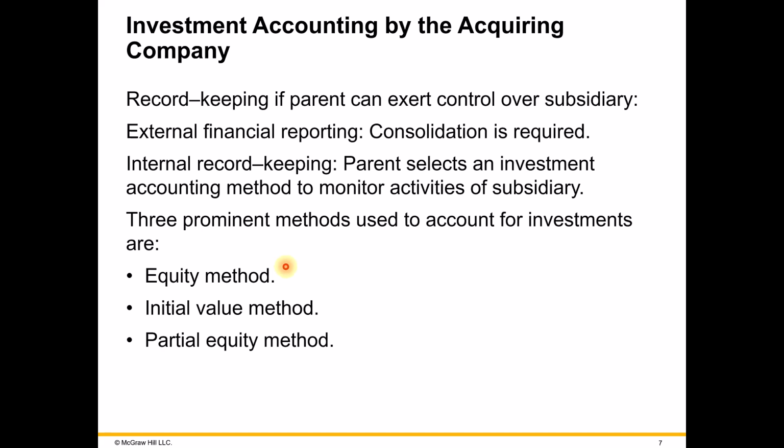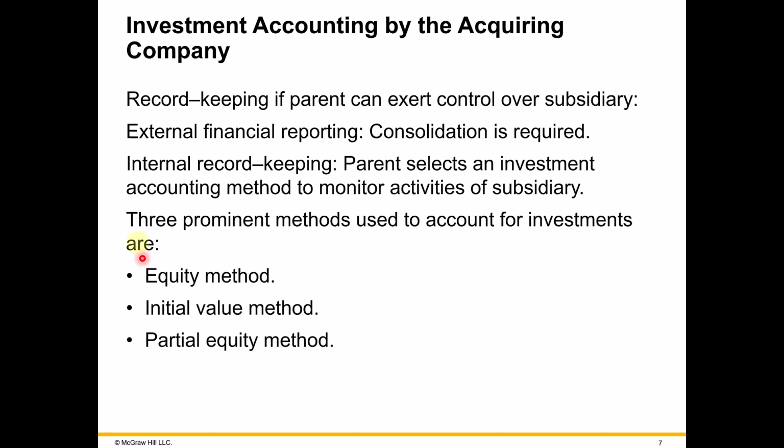And then in the second video, we'll take a look at the accounting for consolidations. Again, with all of these, eventually we need to do a consolidation of the parent and sub. But which one of these three methods is utilized by the parent will determine the amounts we put on that worksheet.